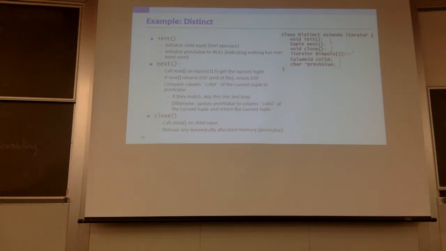Okay. So as you can see, this is a slightly non-realistic way of implementing this operator. In reality, how do you actually initialize the value to your iterator, right?